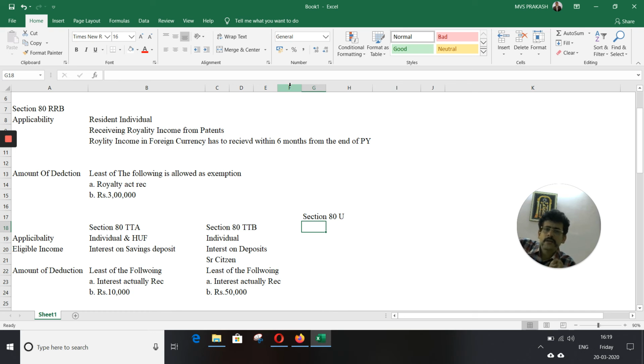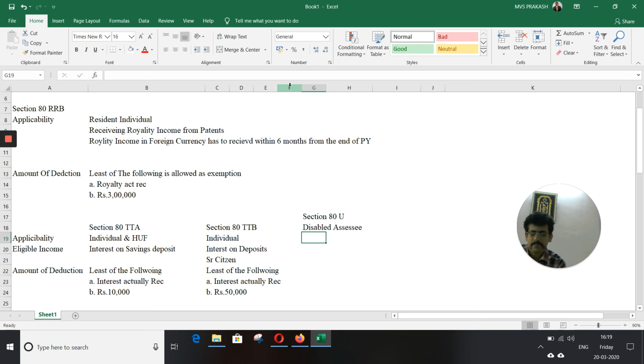In case of 80U, the assessee himself is disabled. If the assessee himself is disabled, he can take the benefit of 80U but not 80DD. So any assessee who is disabled can take the benefit of section 80U.